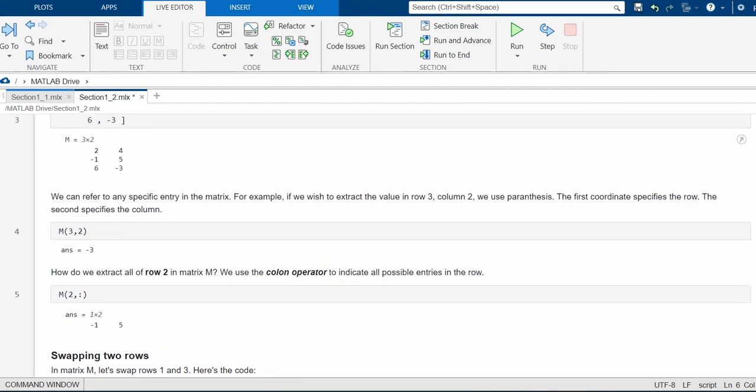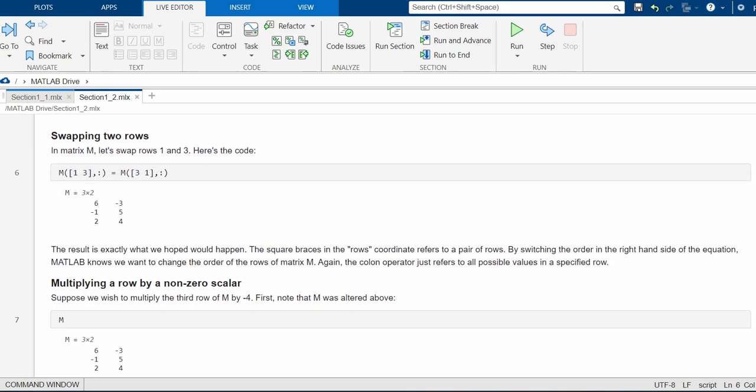Well, if you'll remember, the 2 and the 4 are the first row, and the 6 and the -3 are the third row. And when we scroll down to after the row swapping, the 6 and the -3 are now first instead of third, and the 2 and the 4 are now the third row rather than the first. So this has in fact done it.